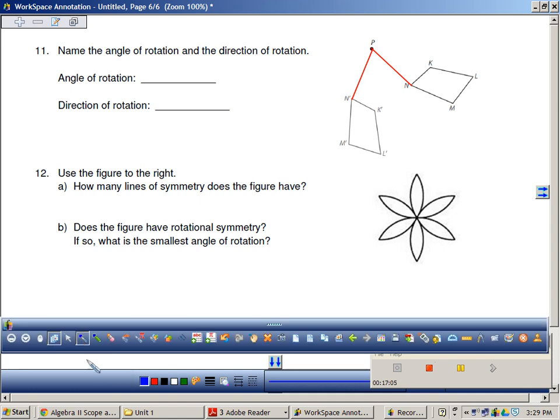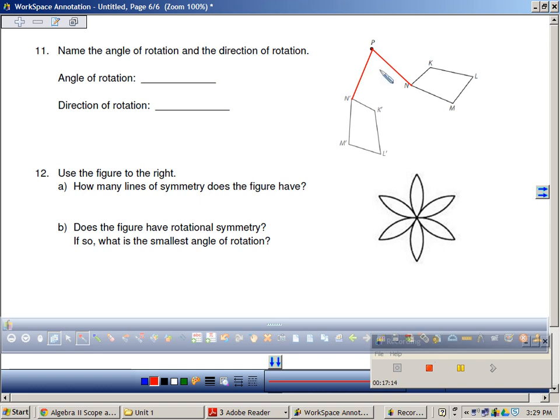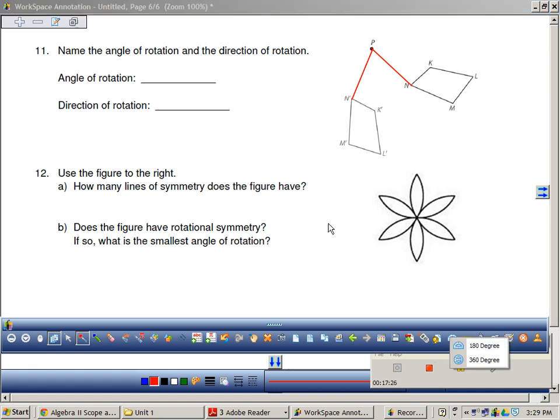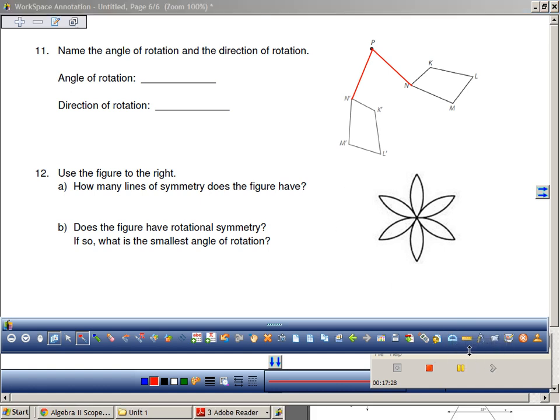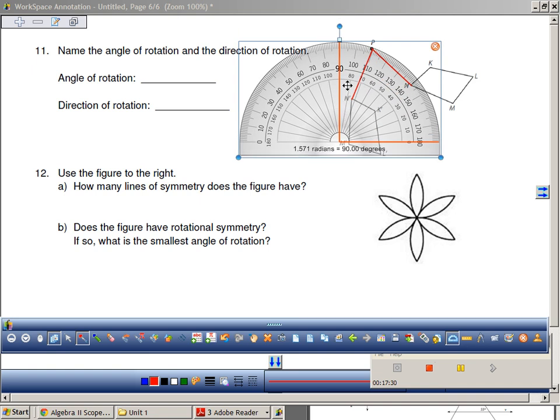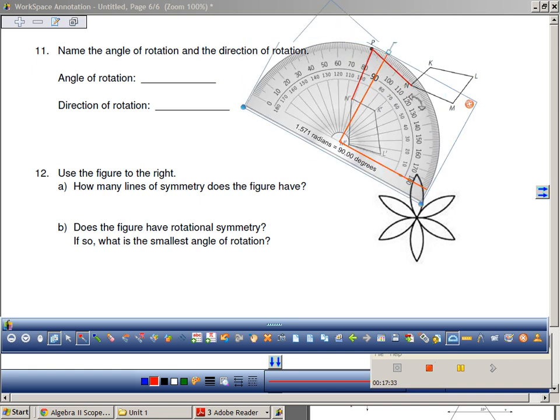What did you guys get? I think it was something around 40. Okay, does that look like a 110-degree angle, though? No. You have to use a protractor. Here's a protractor. Spin it around.